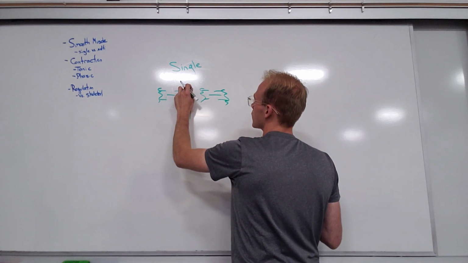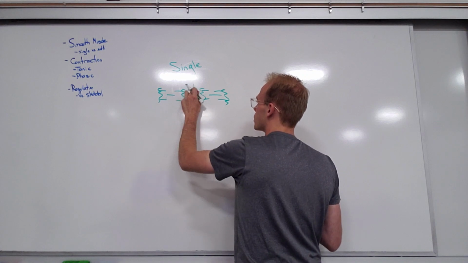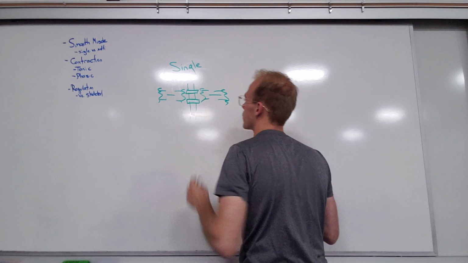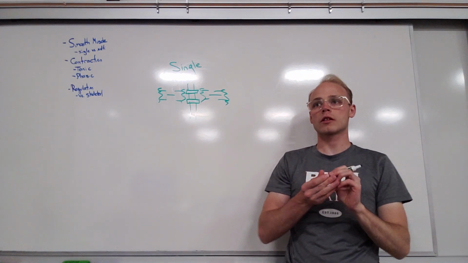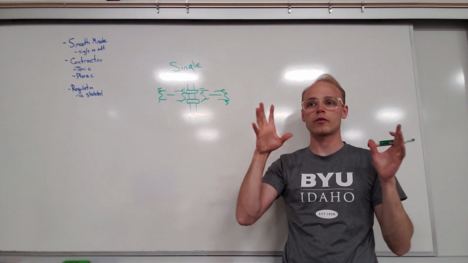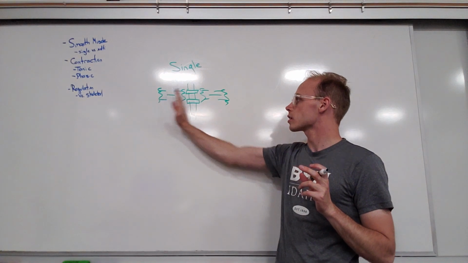What happens for single units is that between the two muscle fibers, we have what's called gap junctions. At gap junctions, ions flow completely through, no stop. They don't have to reach any kind of impulse or receptors on the other side. They just flow freely from this side to this side.